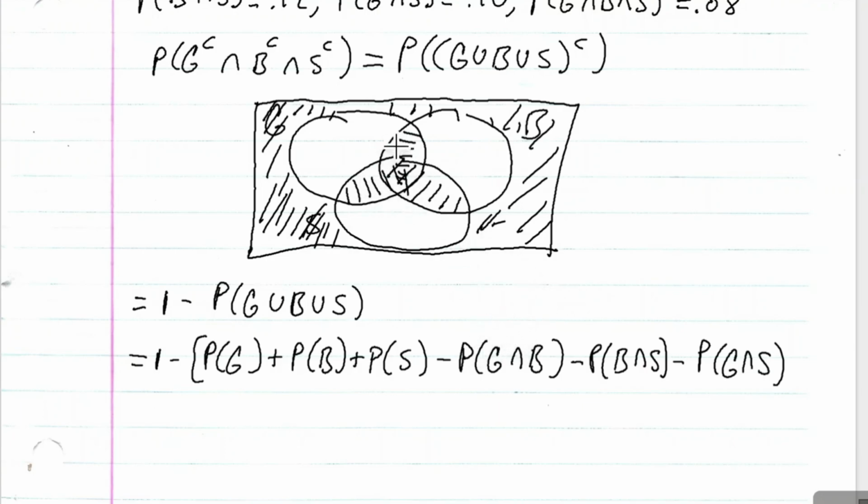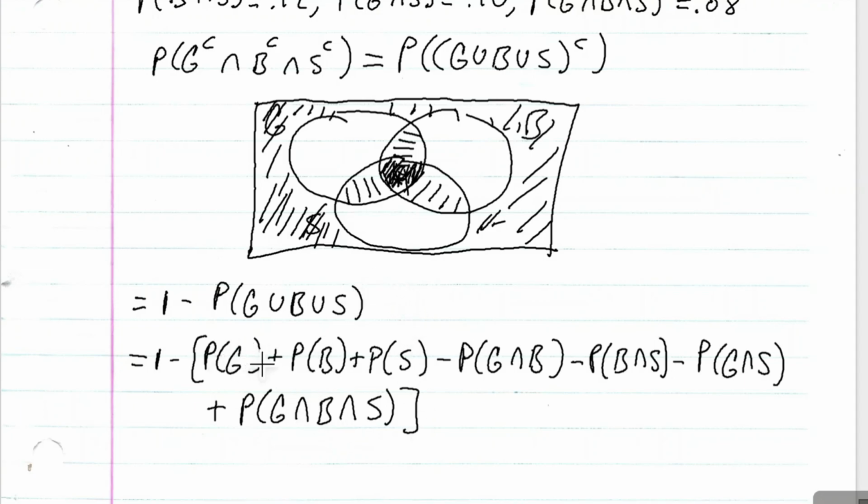But if I do minus G intersection B, minus B intersection S, and minus G intersection S, now I'm totally missing the intersection of all three. So that means I have to add the intersection of all three. I have to add the probability of G intersection B intersection S.